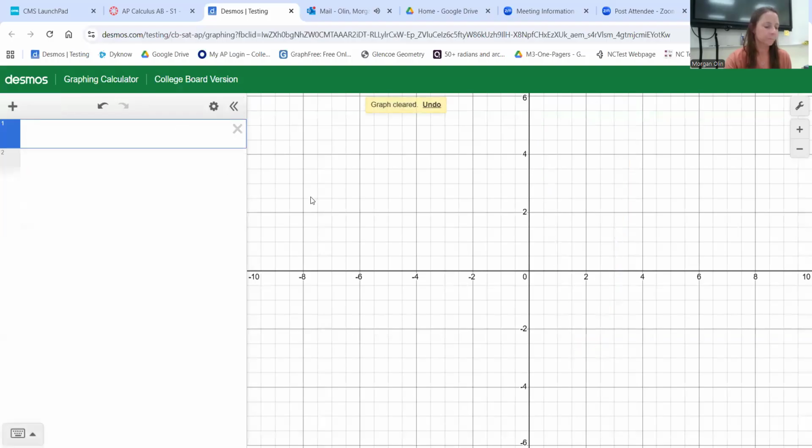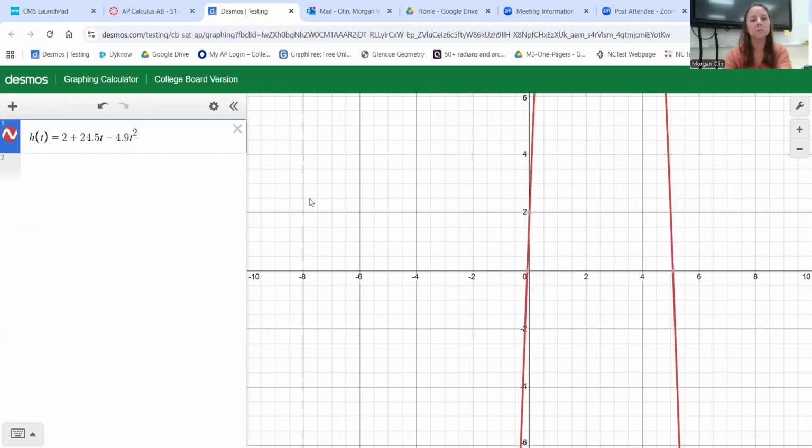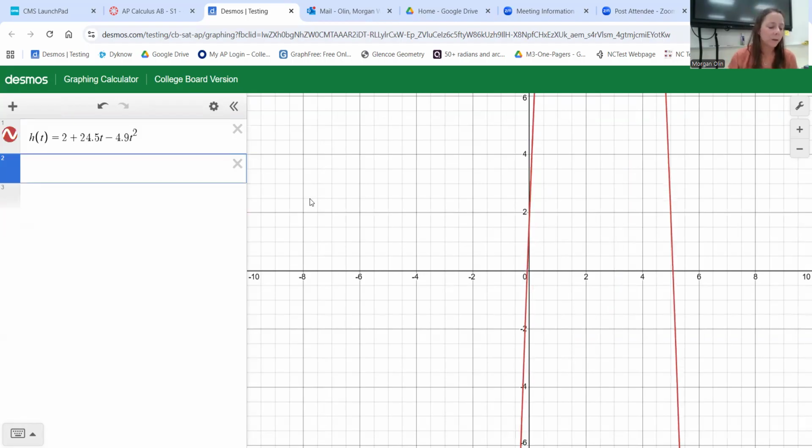So we have a different one. This time we'll put h of t equals 2 plus 24.5 t minus 4.9 t squared. We can do different things, and some of these are just trial and error.